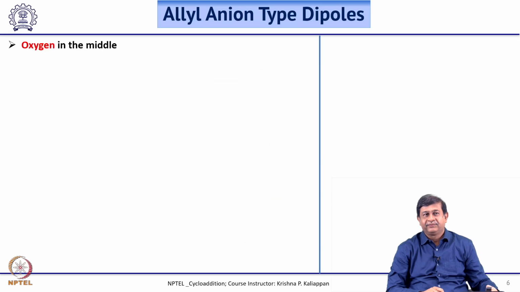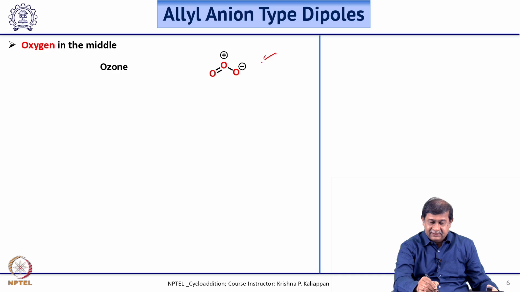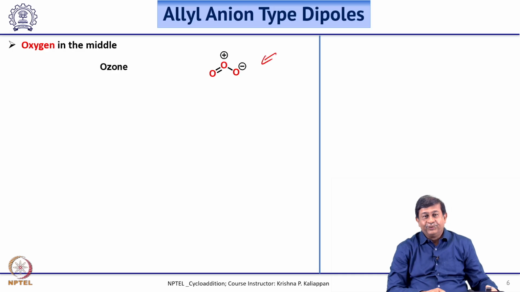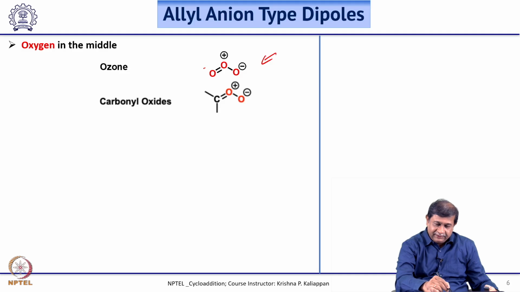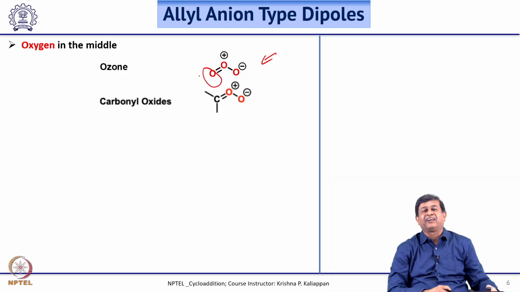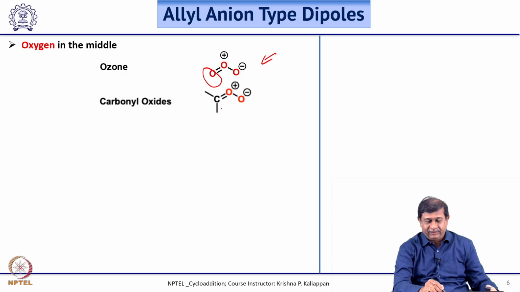Okay. Now, let us see whether you can replace nitrogen with other atoms. For example, instead of nitrogen, if you have oxygen in the middle, the simplest dipole which we all know is ozone. Okay. Then you replace this oxygen with carbon, then this is called carbonyl oxide. You have carbonyl and then you have oxygen.